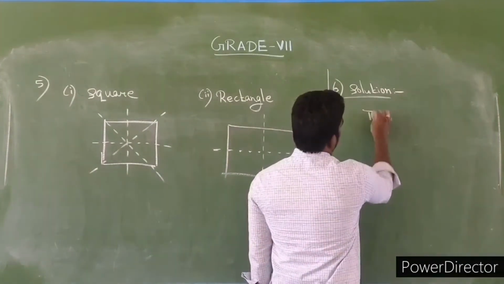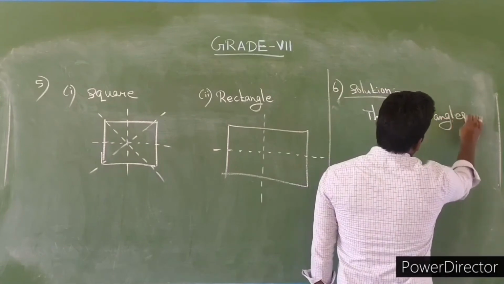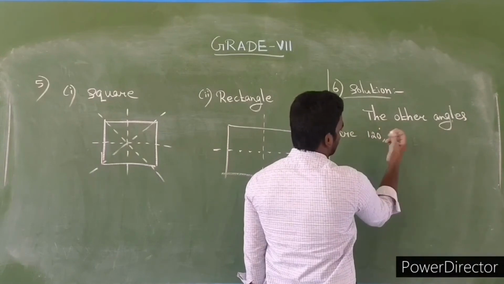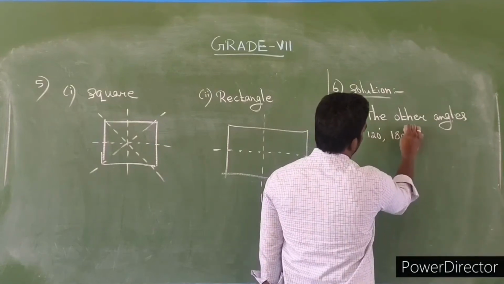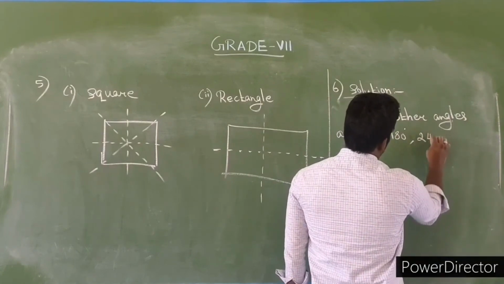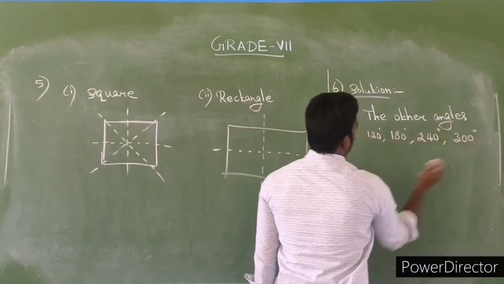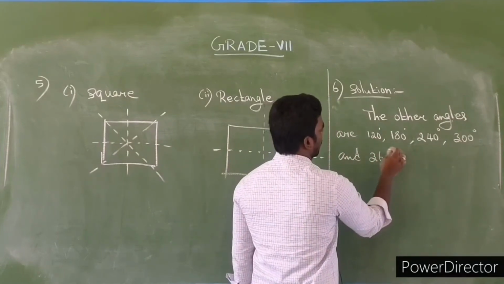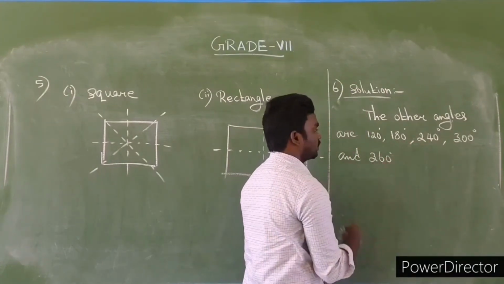The other angles are 120 degrees, that means multiples of 60 degrees. Then 180, then 240, 300 and 360 degrees. So after rotating by 120, 180, 240, 300 and 360 degrees, these shapes become the original shapes.